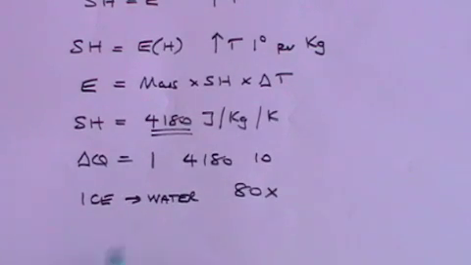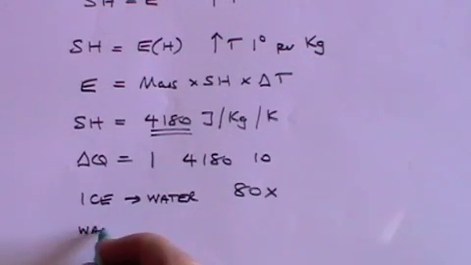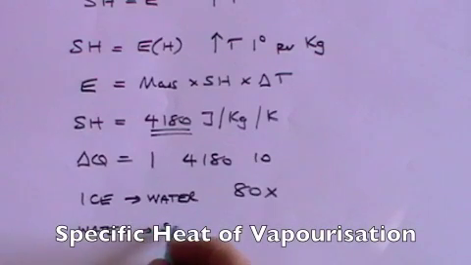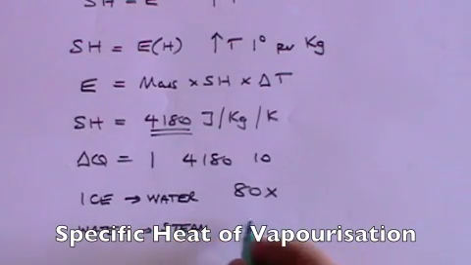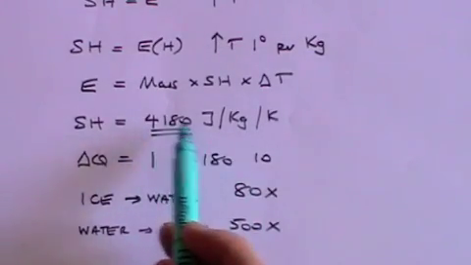You need 80 times to get 1 kilogram of ice changed to water. No temperature increase at all. It's just the amount of energy to break the bonds to turn ice into water. And to turn water into steam, you need approximately 500 times this amount.